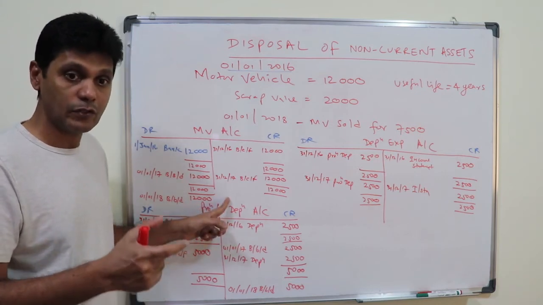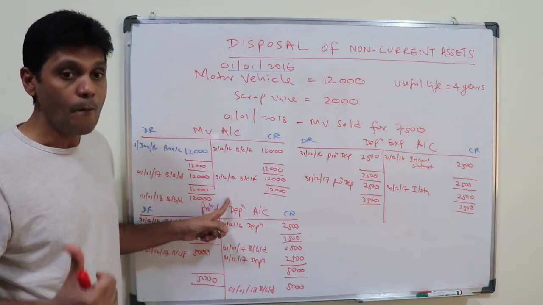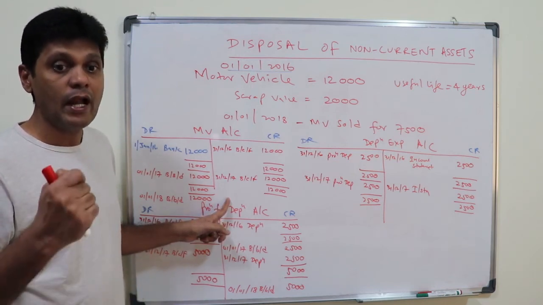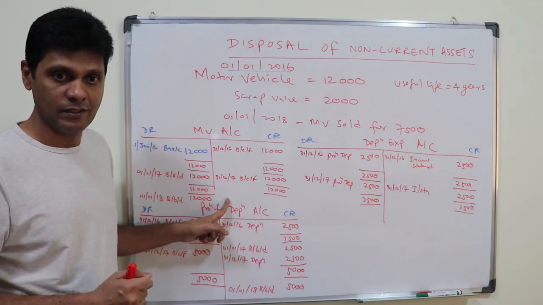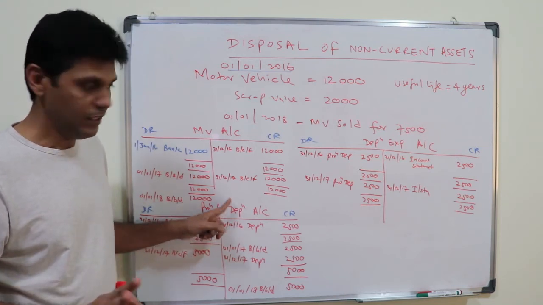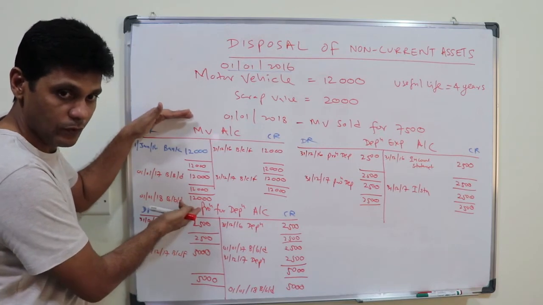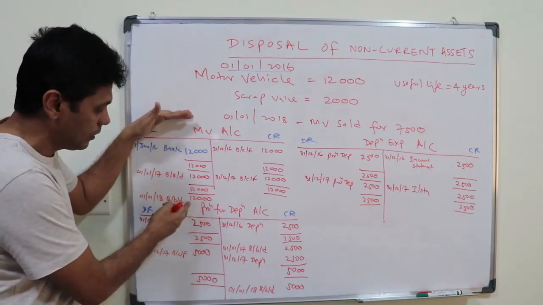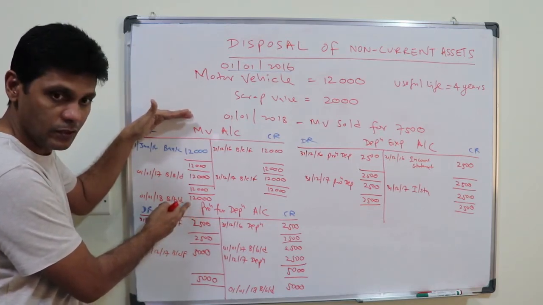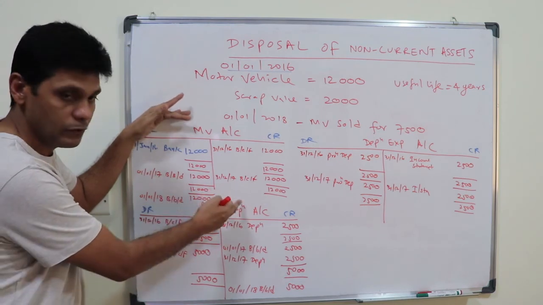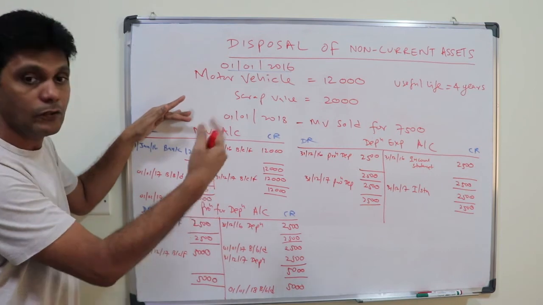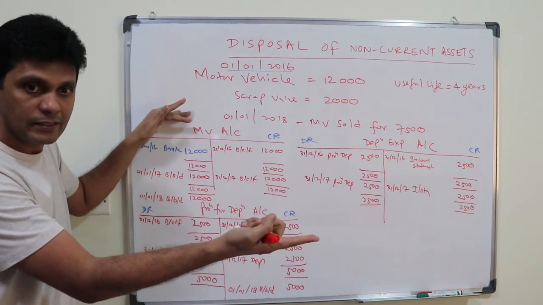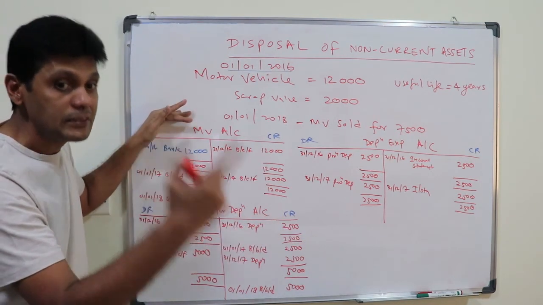In order to do that, you need to open an account called disposal of asset account. To make this account zero, what do you do? There is a debit balance, no? To make it zero, you need to credit. Then this will become zero. Where do you debit? The disposal account.